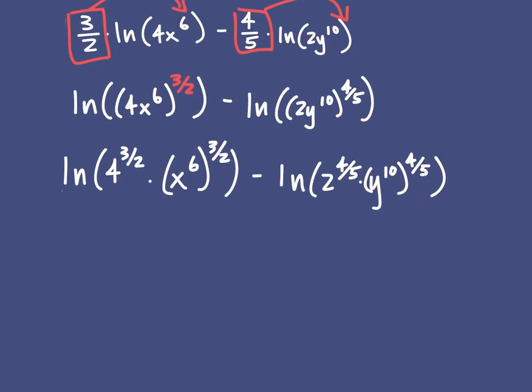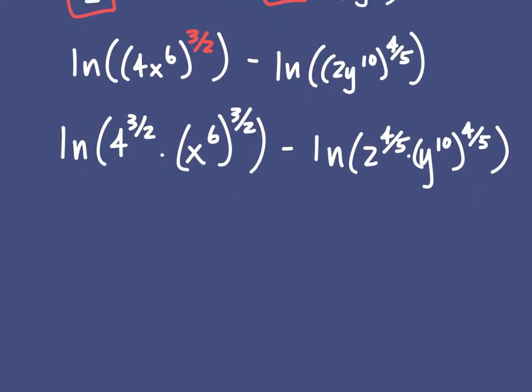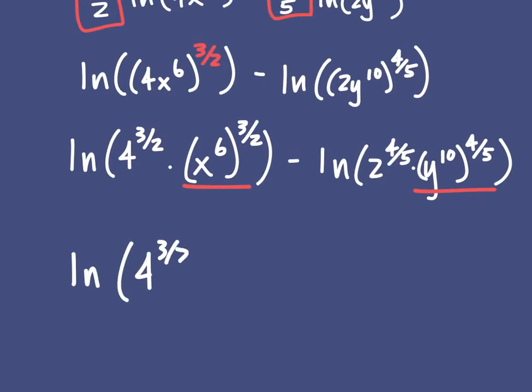From here, you've got some options. One thing I'm going to do is simplify these parts here. These are a little bit easier to simplify than the other ones. So here I've got the natural log of 4 to the 3/2 times, when I take 6 and multiply it by 3/2, 6 times 3 is 18, divided by 2 is 9.